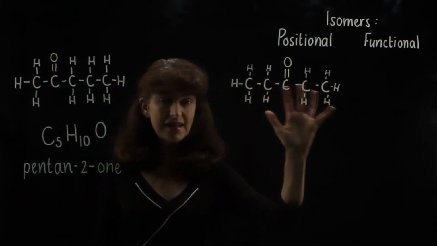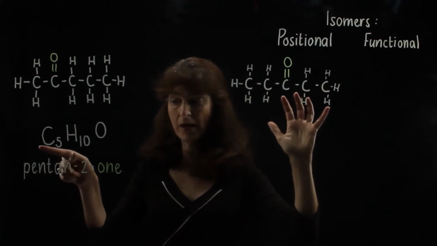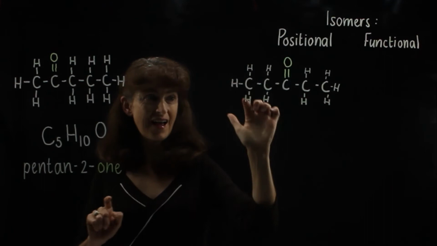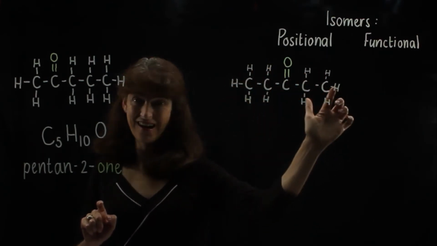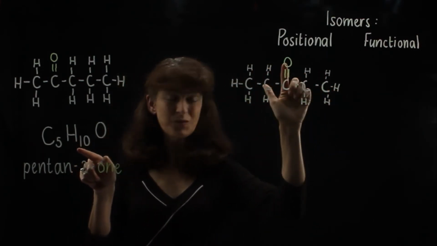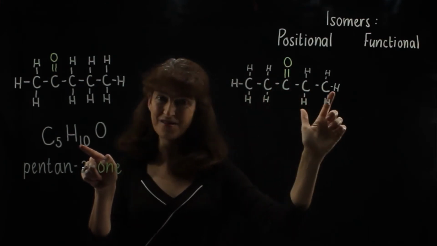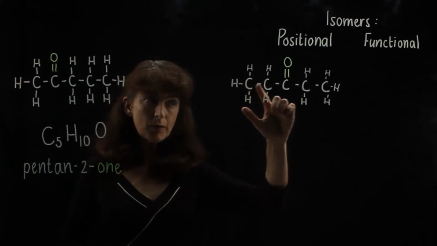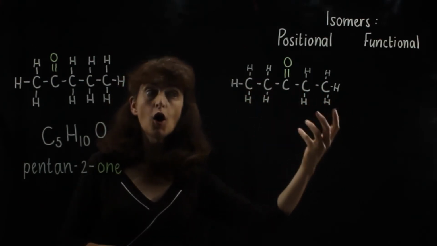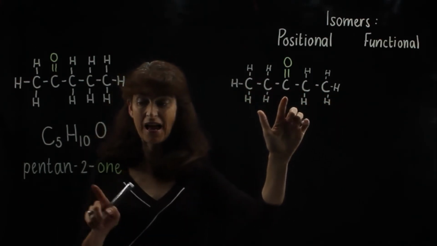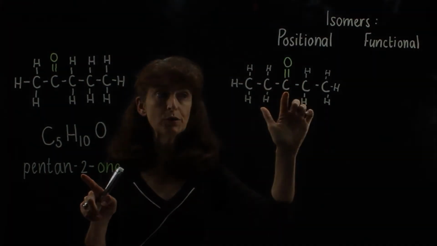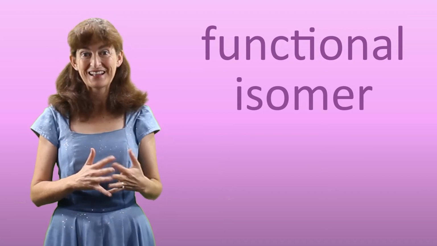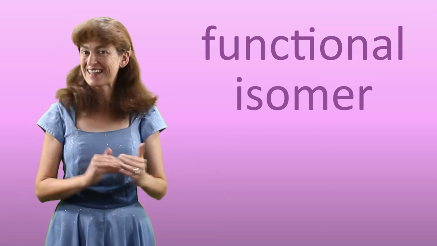Notice this has the same molecular formula as pentan-2-one, 5 carbons and 10 hydrogens and 1 oxygen, C5H10O. What would its name be? Again, it would be pentan something-one, but now it would be pentan-3-one.